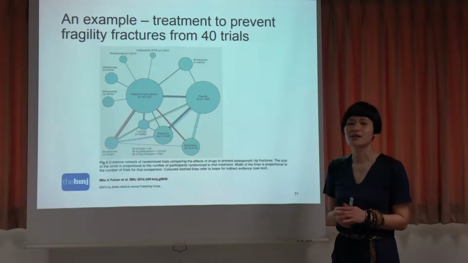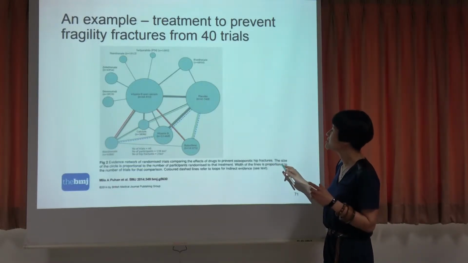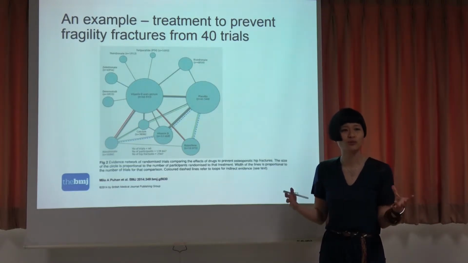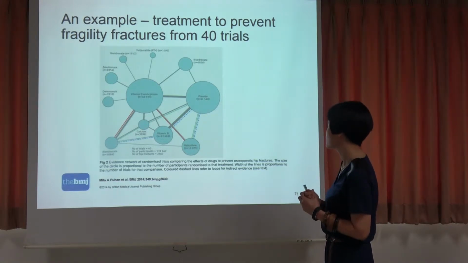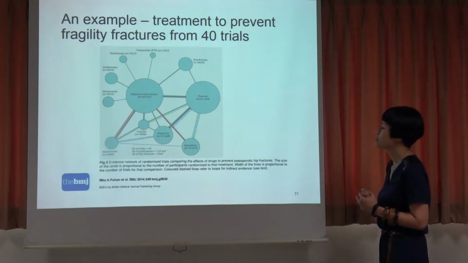Like pairwise meta-analysis, these diagrams are really complex, and there's a lot of information in meta-analysis that people will need to incorporate. And in this diagram, what the authors try to do is to demonstrate the direct and indirect estimates that they have used within this network.